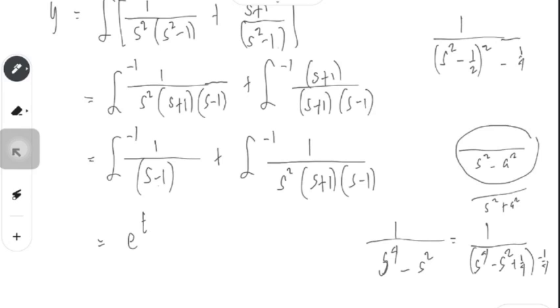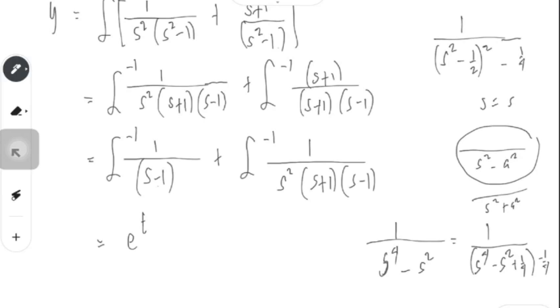Ang problema dito, kung pwede ba nating palitan ito ng S? Yung S natin ay magiging S squared minus 1 half. Hindi na kasi dun sa ating theorem number 2, linearity upward shifting theorem, the exponent of S is only 1.